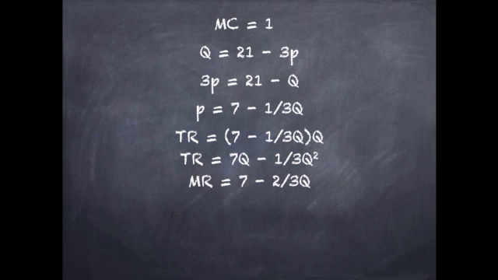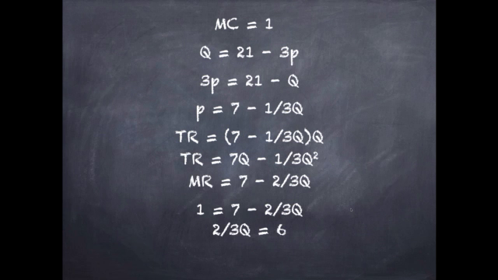Since I have marginal revenue and I know marginal cost, I can set them equal to one another. So marginal cost is equal to marginal revenue. 1 is equal to 7 minus 2/3 Q. So we have 2/3 Q is equal to 6. So I added 2/3 Q and I subtracted 1 from both sides.